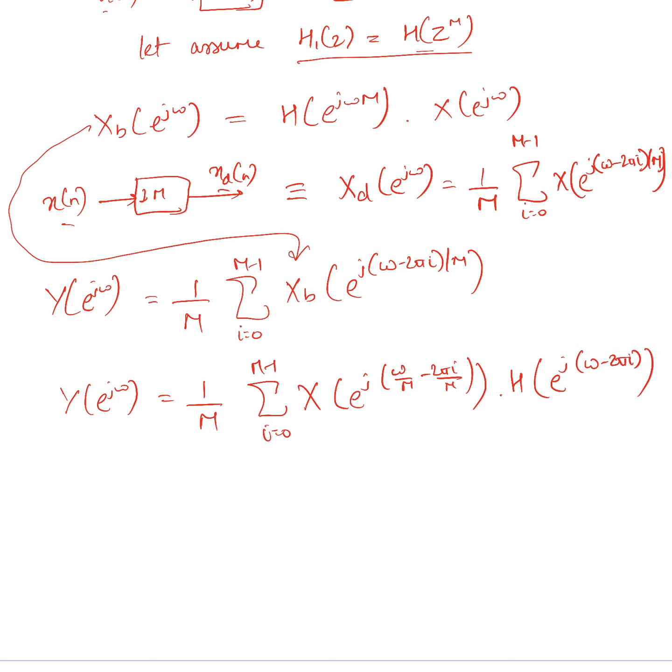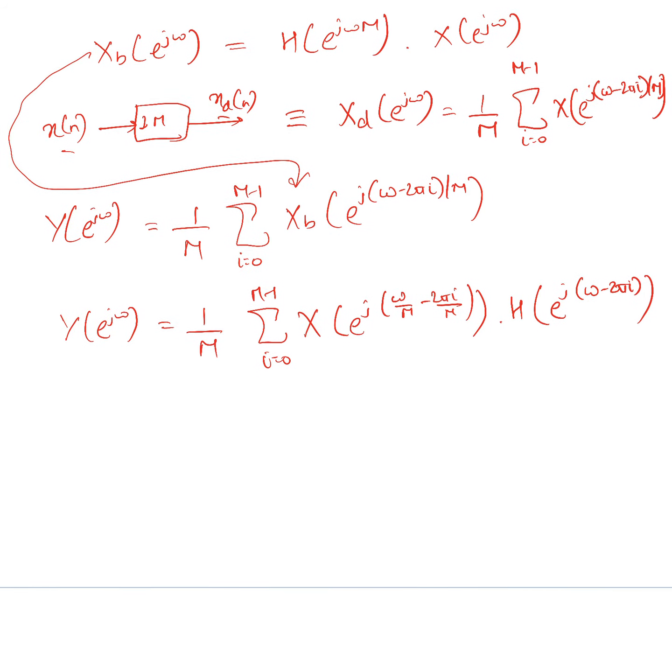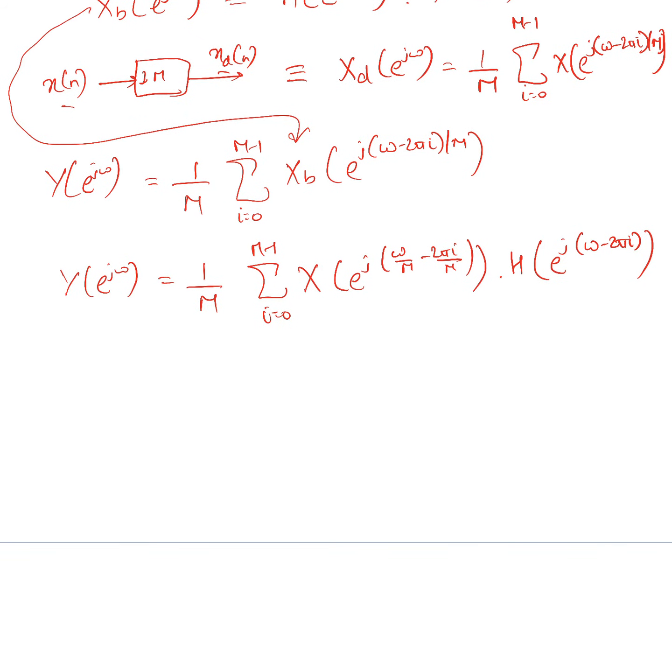Because we have this factor n in the numerator which gets cancelled out here. And since in the function H of e to the power j omega minus 2 pi i, where i is of course an integer, it is equivalent to H of e to the power j omega.